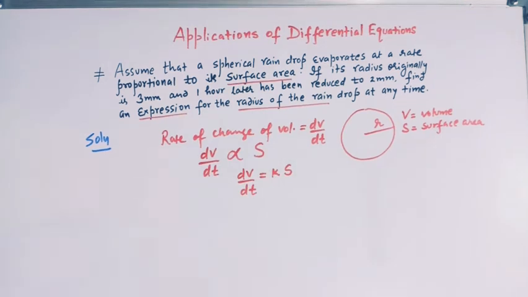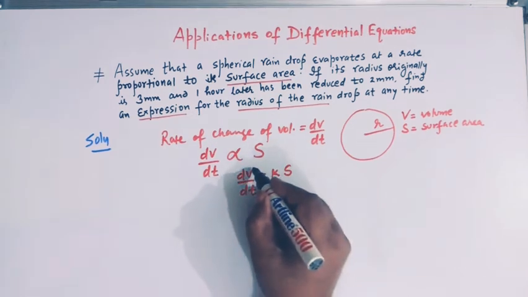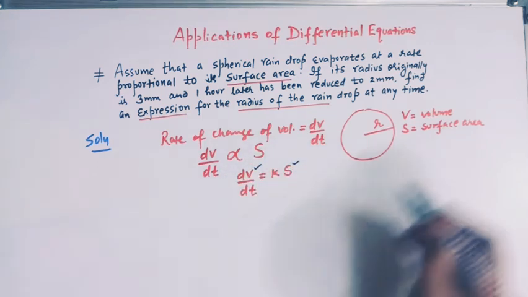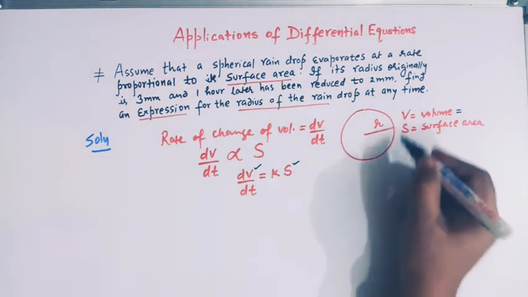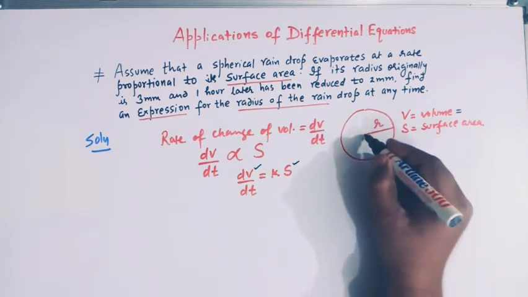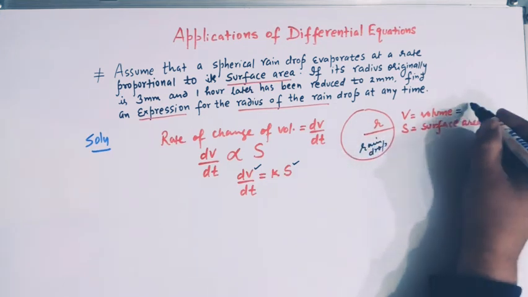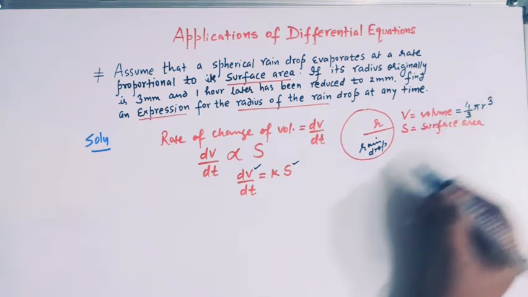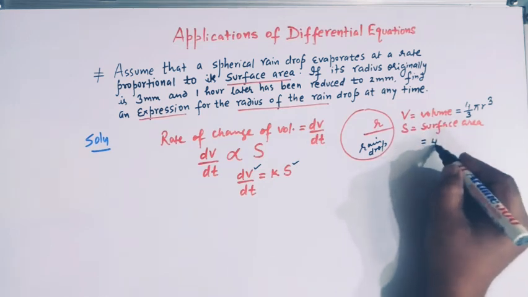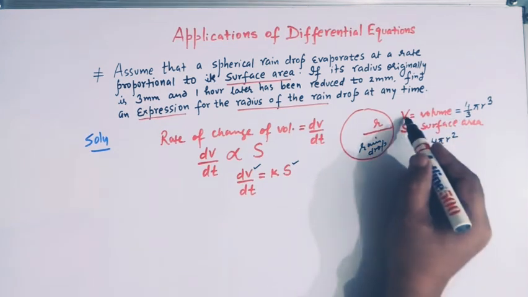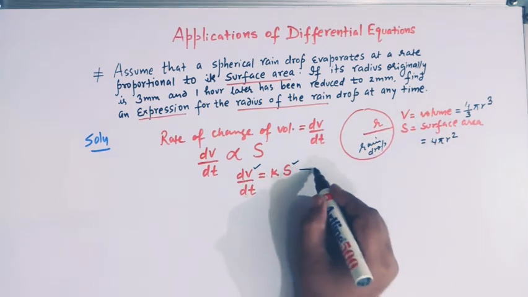Now we will substitute the value of the volume and surface area. The volume of this spherical raindrop is 4 over 3 pi r cube, and the surface area is 4 pi r square. So let us substitute v and s in this equation.